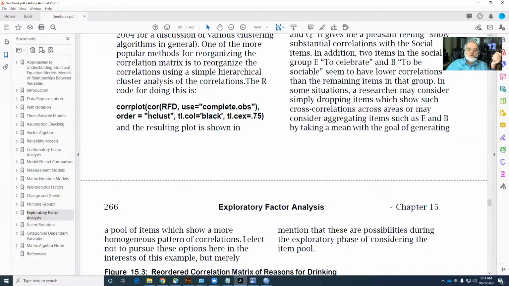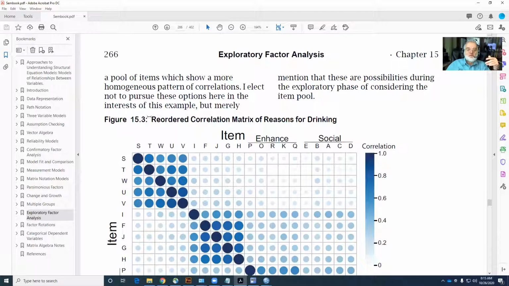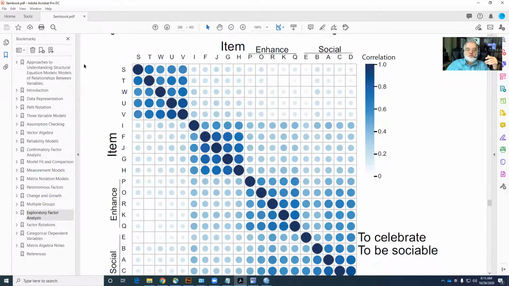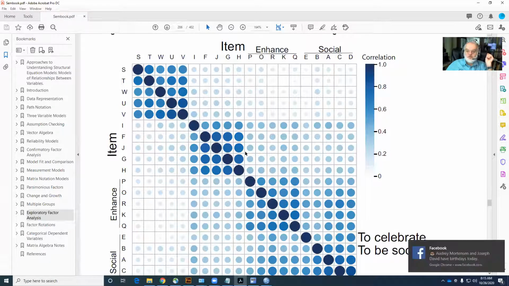Inside of the correlation plot, there's an option to change the order. This hierarchical clustering algorithm will change the item order so that I can perhaps more clearly see where these relationships are.